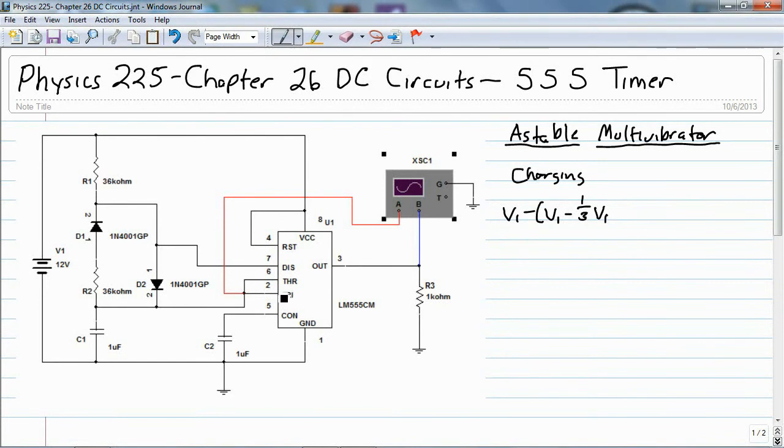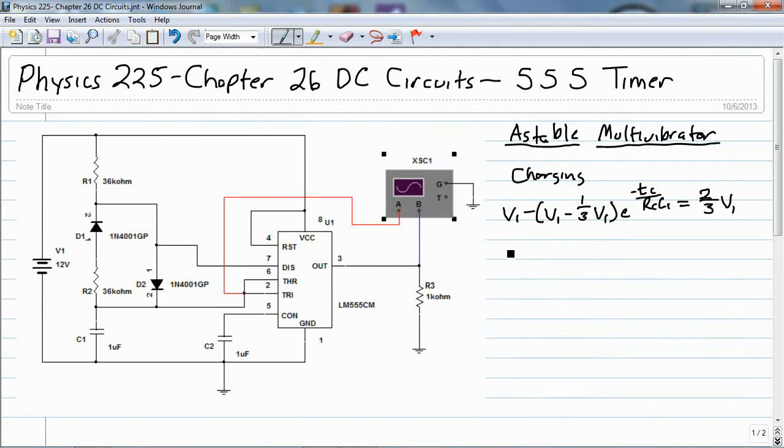That's when this trigger gets clicked. E to the negative TC over RC C1. We'll keep this pretty much general. So RC means our charging resistor, TC means our time to charge. Capacitor is just one capacitor there, so we'll call it C1. And we want that to equal 2/3 V1. We want to know when that happens.